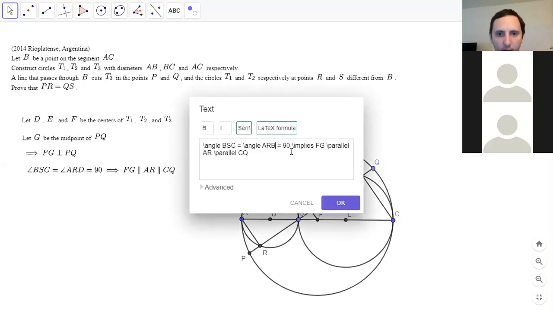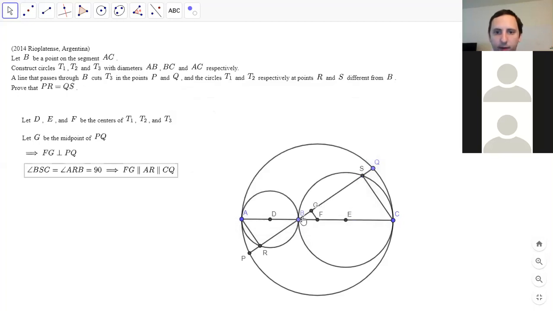And then that means that BG over BS is BF over BC, and BG over BR is BF over, wait a sec. So I wanted to show, or I guess we want to show RG is equal to SG. So that would follow from that.